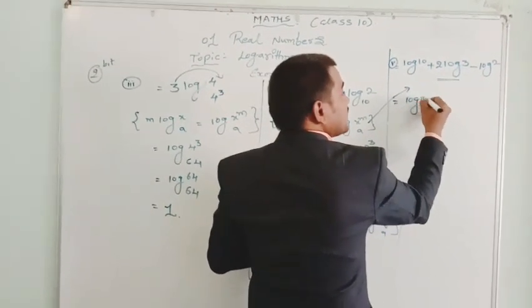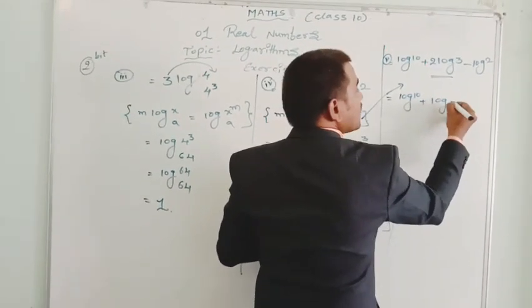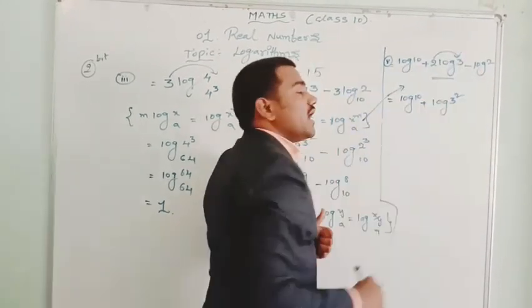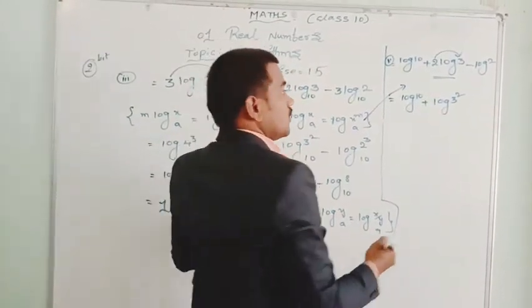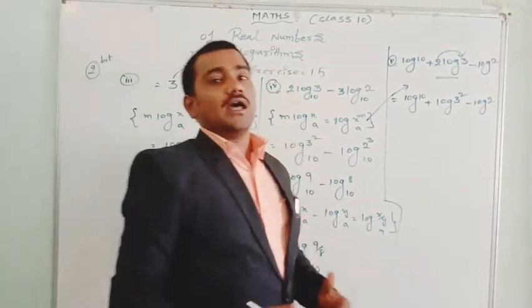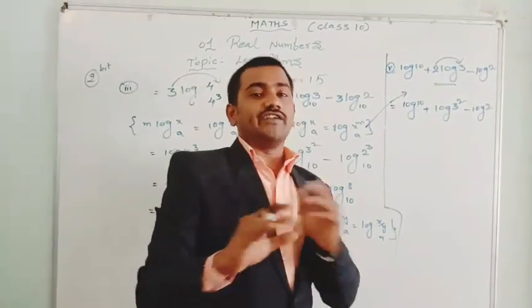Log 10 we write the same, plus here log 3 square. This 2 becomes the power of 3. So minus log 2. You may have a doubt that I am not writing base 10. That's our wish. We can write base 10 or leave it.